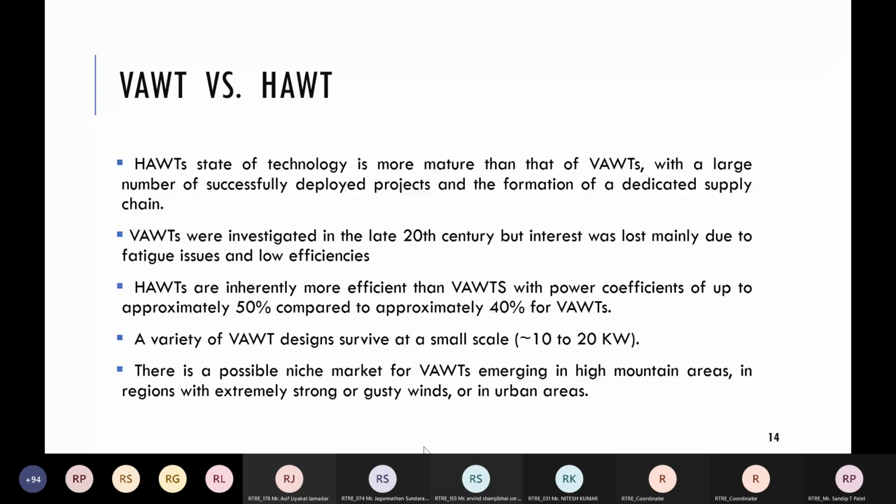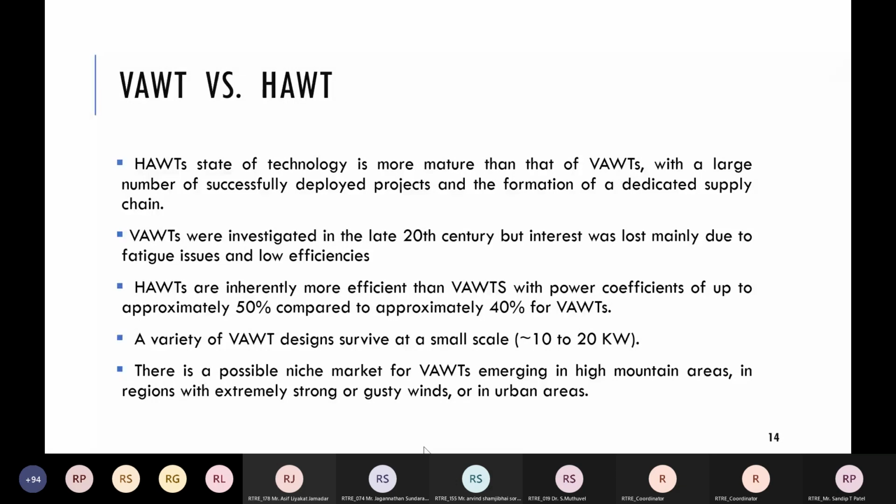They did the majority of research on vertical axis wind turbines, but due to the construction made out of aluminum, a lot of fatigue stress was happening and the turbines were failing. So they lost interest and put the project down, and people just left the vertical axis wind turbine.